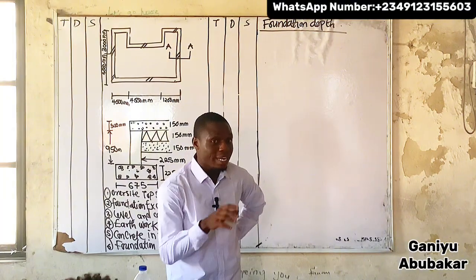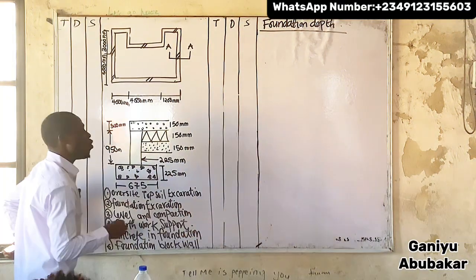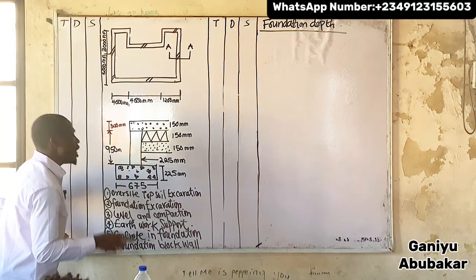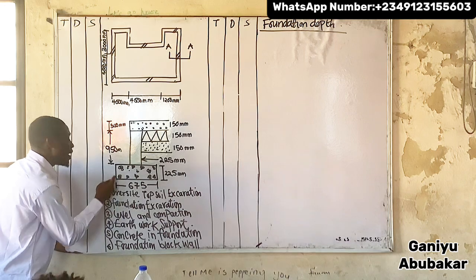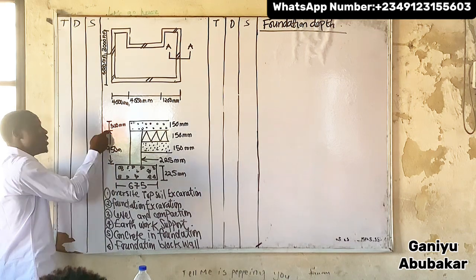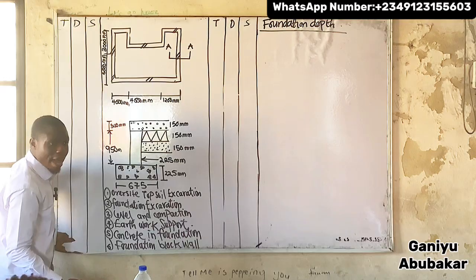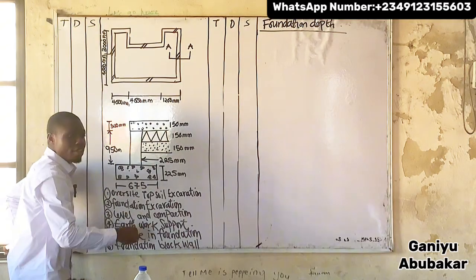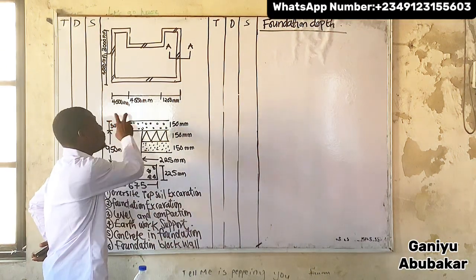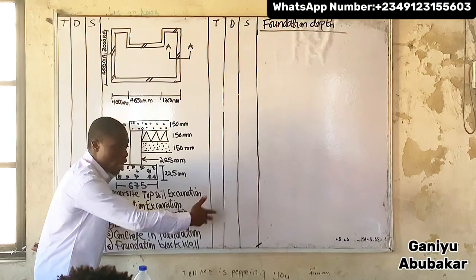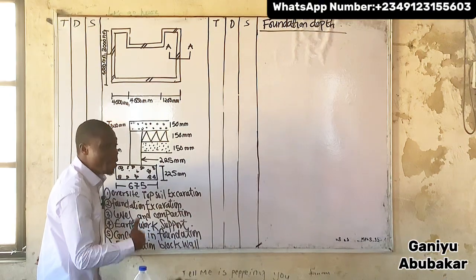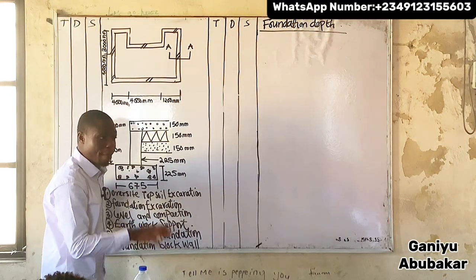Abi? That's the concept. So if I'm to calculate foundation depth, normally I will add this part and add this part. Please, will I add this part? No. Why? Because it's not part of foundation depth. It's just a finishing to make your building look more presentable. Am I good?